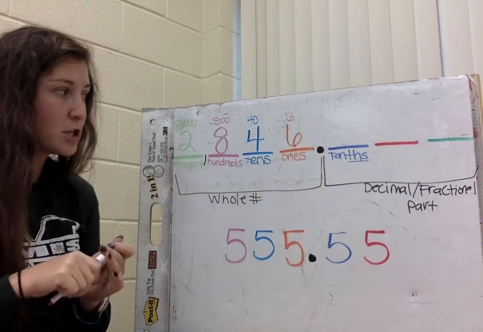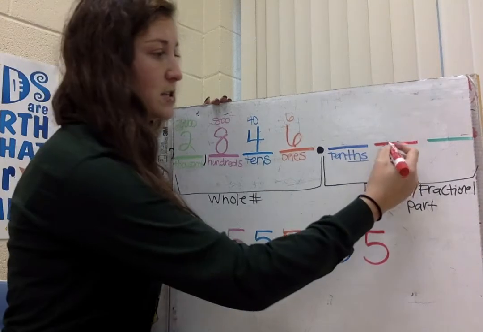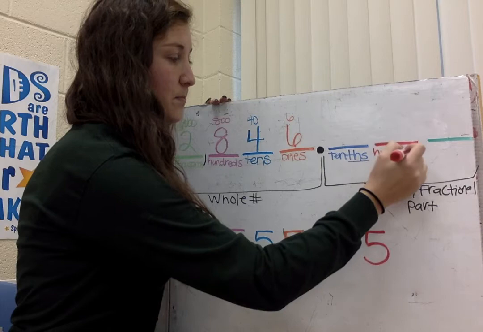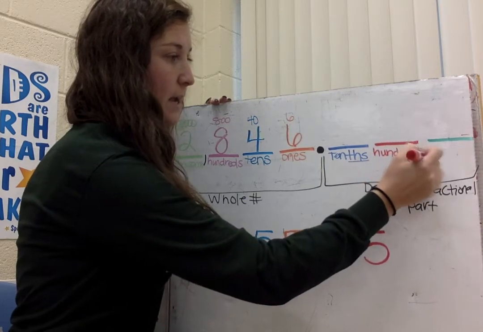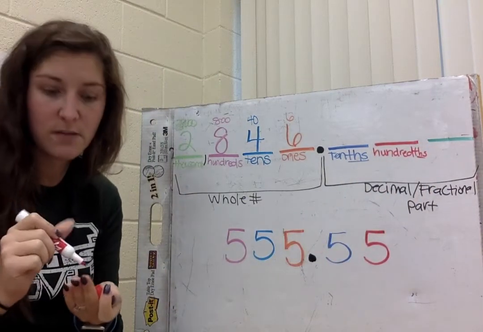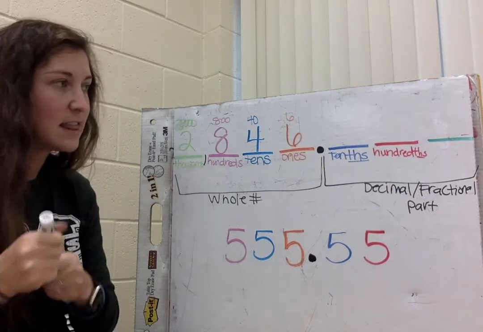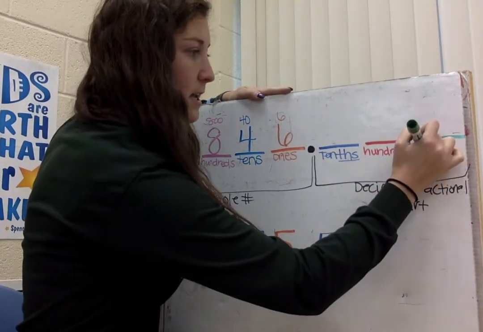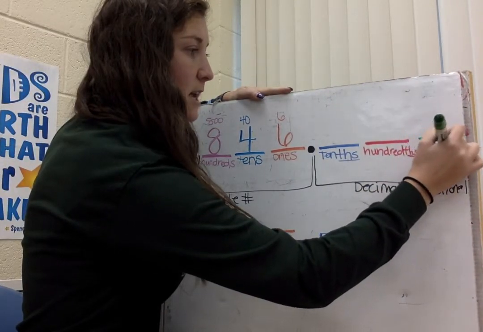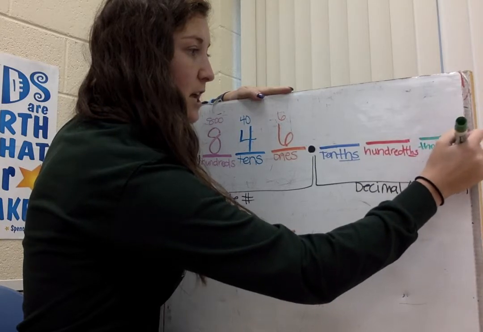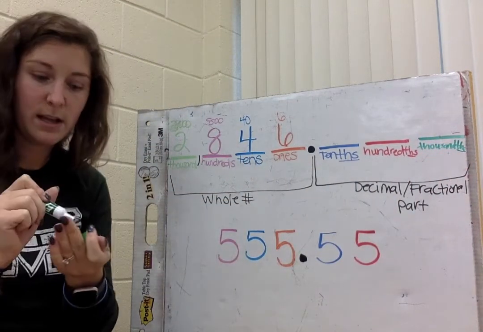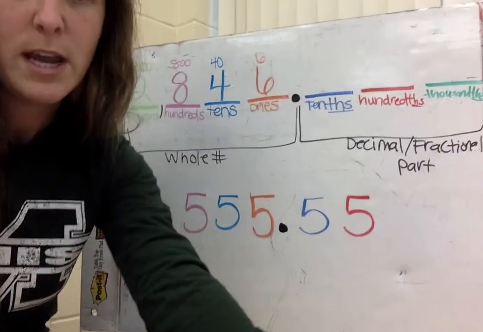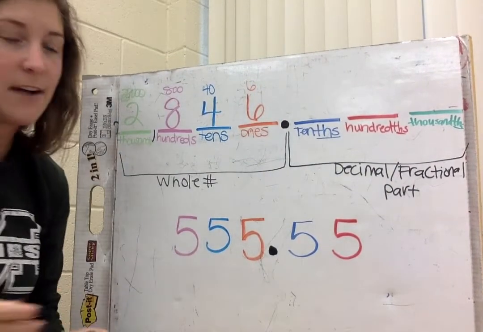The next section, my red section, is my hundredths section, and again it has that THS on the end of it. And the last section, my dark green section, is my thousandths, again with that THS on the end. I kind of ran out of room there. Scoot you closer. So we have those three places after the decimal as well.